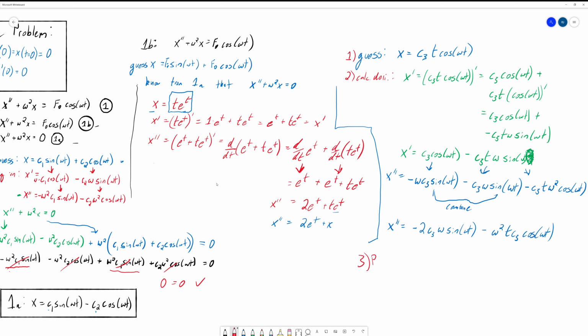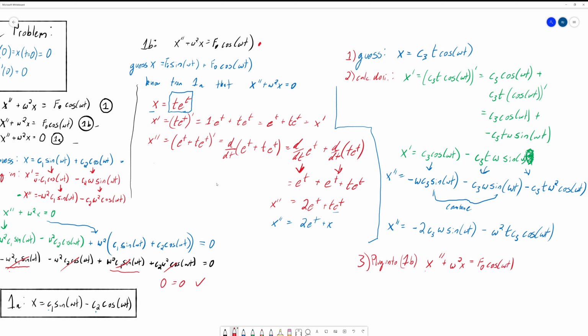Alright, and now we'll do our third step, which is to plug into 1b. And so again, where is 1b? Right here. It's x double prime plus omega squared x equals f naught cosine of omega t.